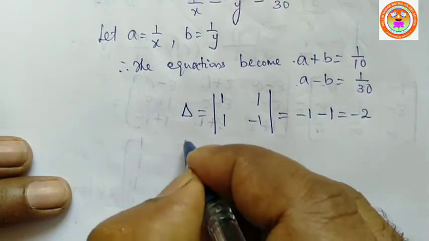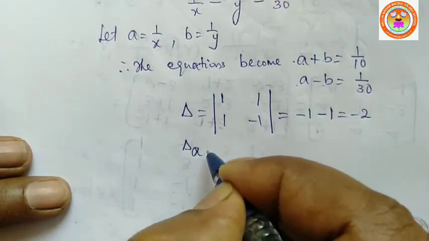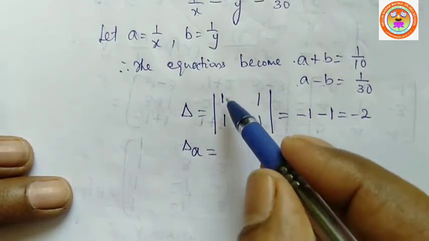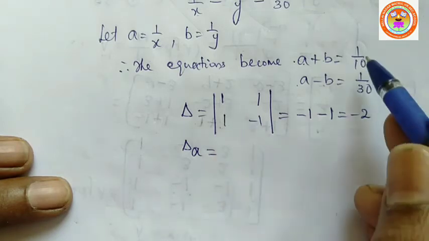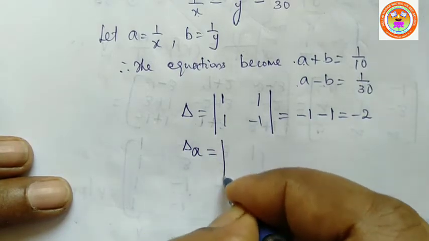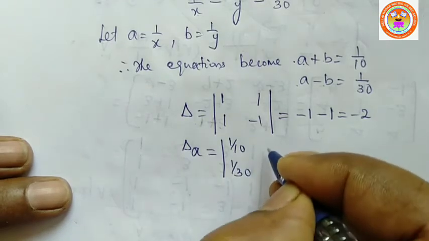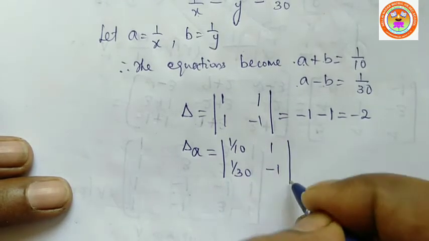Similar way, delta A. Delta A is obtained from delta by replacing the first column by the constant terms. That means 1 by 10, 1 by 30. Here 1 and minus 1.